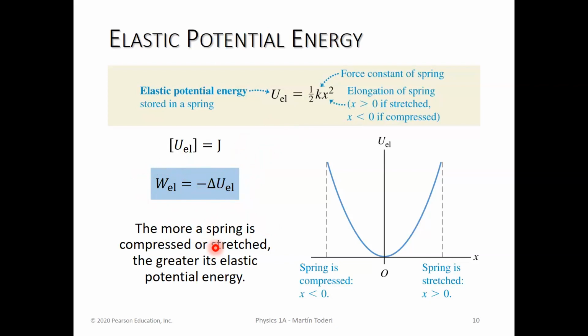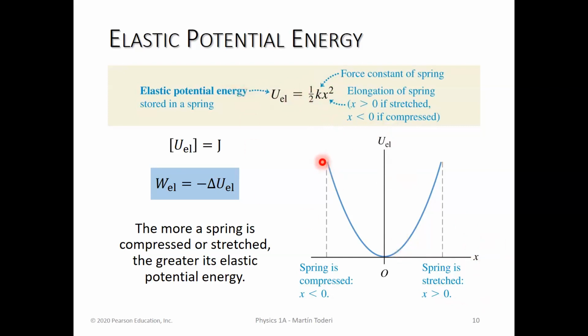So we can think about storing that energy while we are compressing it. If we graph that elastic potential energy versus the position, you can see that this is a quadratic expression. There are no other terms, no linear term or independent term.